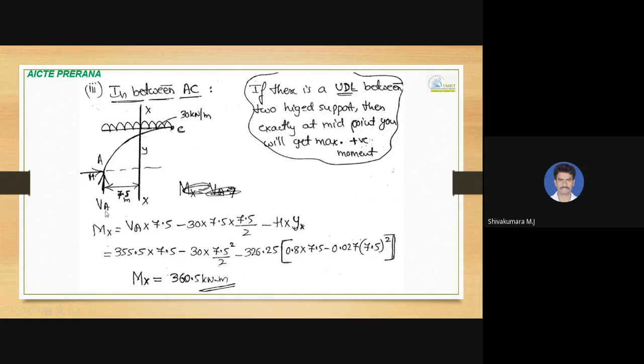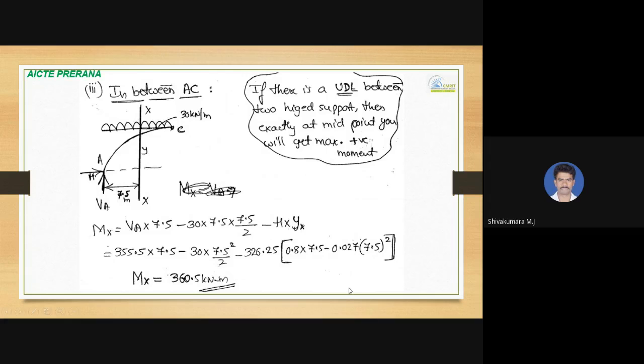Taking moment: VA into 7.5, rotating clockwise, positive, minus 30 into 7.5 into 7.5 by 2. 30 is the intensity, and 7.5 is the distance; that point load is located at half of 7.5, rotating anti-clockwise. Then minus H into yx, and for yx at a distance of 7.5 meter we substitute 7.5 in place of x.